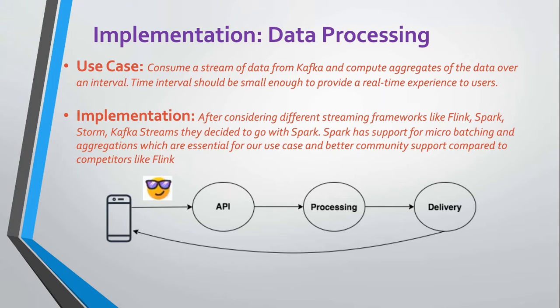They have considered Flink, Spark, Storm, and Kafka Streams, and they decided to go with Spark here. For the processing purpose they are using Spark, because Spark is good at processing micro batches and aggregates, which are essential for the use case, and also has better community support compared to competitors like Flink.